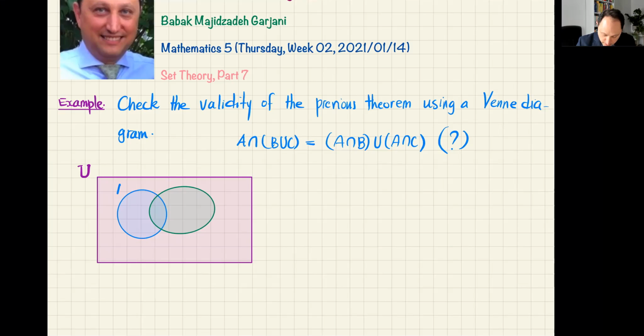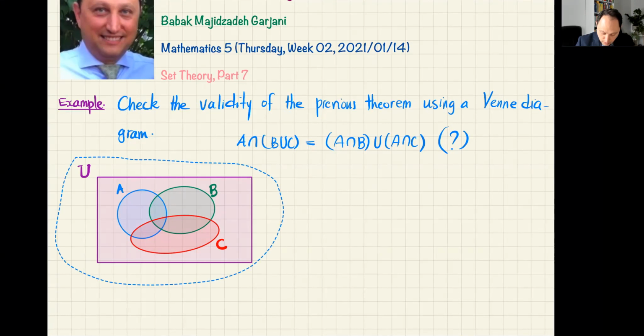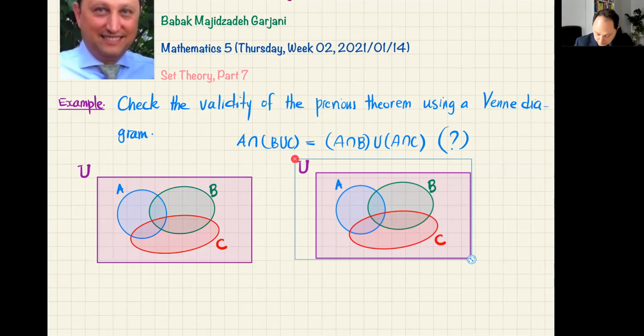I call this one set A, and this one set B, and now I draw another set C. For example, I draw it in a way that it intersects with these sets. So I will call this set C. Okay, and let me copy exactly another version of that. Make them identical here.